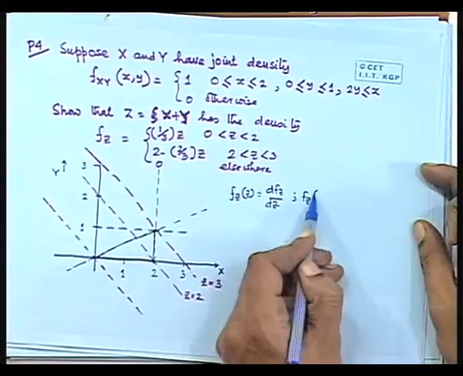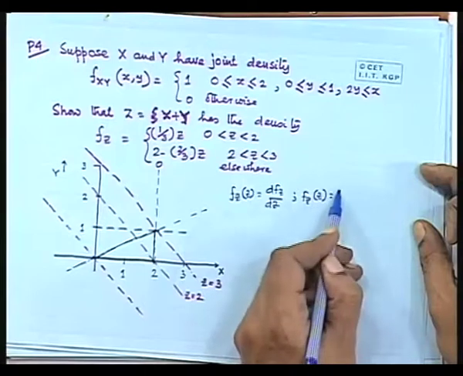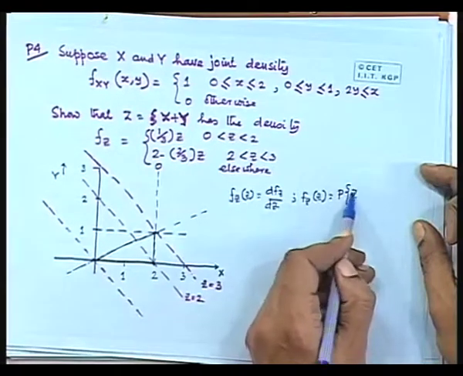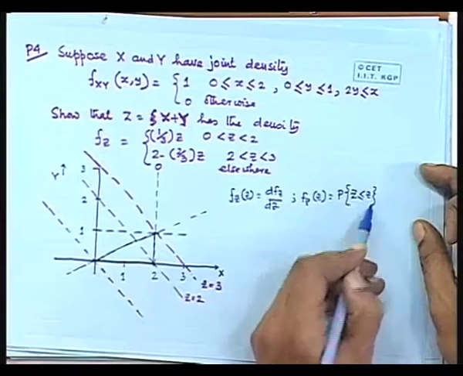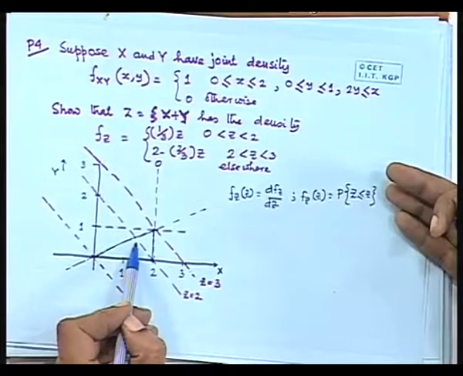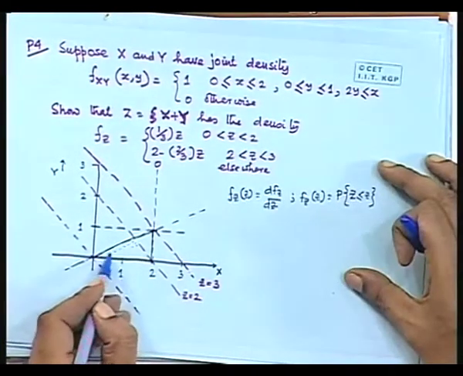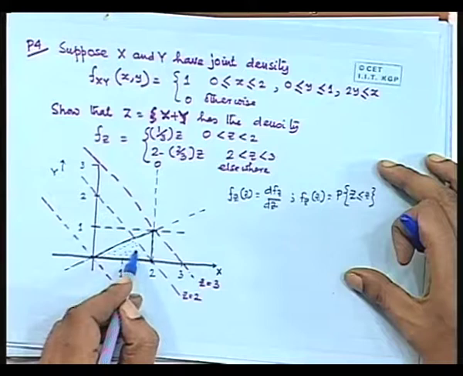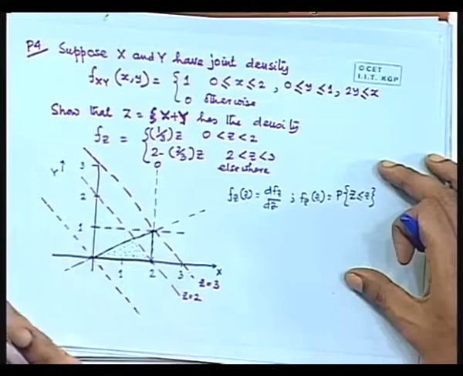Probability that z is less than or equal to small z, right. So, for example, if you are given small z is equal to 2, what is that probability? The probability will be this area, because on this side z is less than or equal to 2.